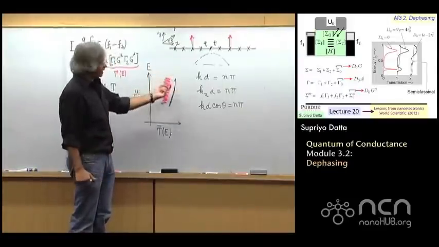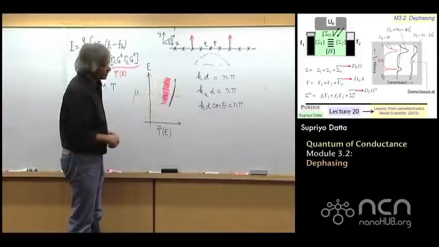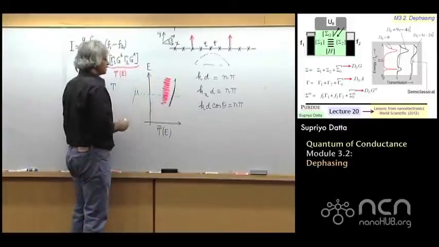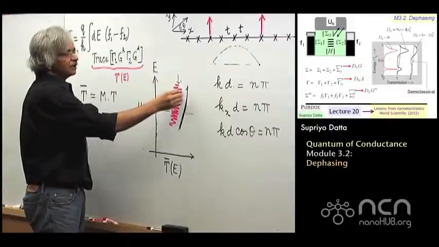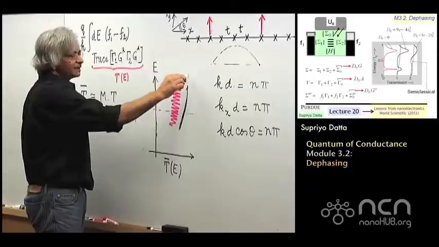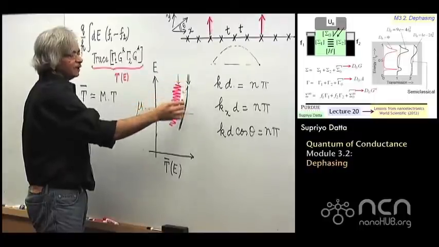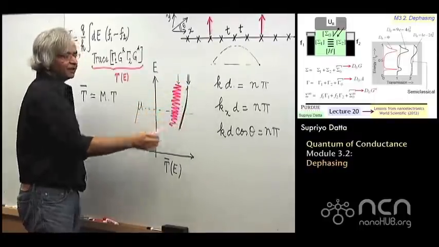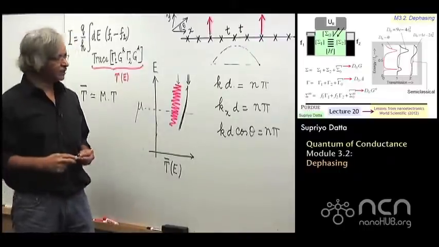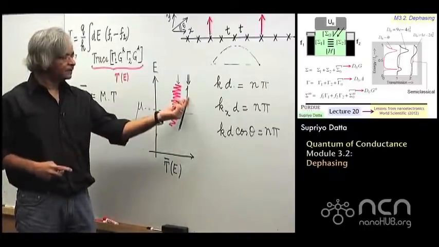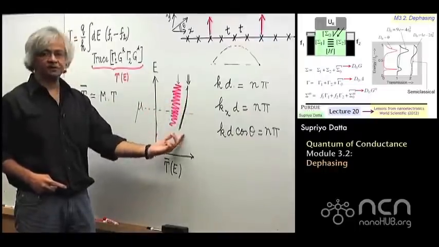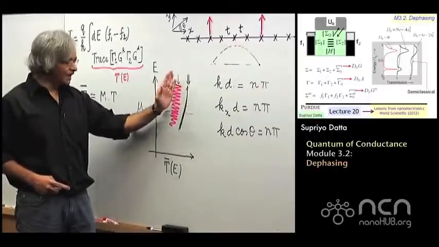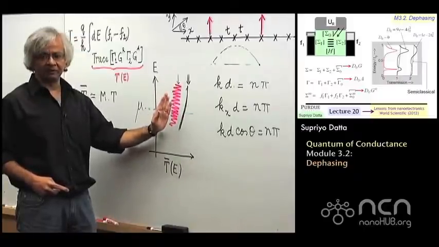Another interesting thing, which was understood even before the fluctuations were understood, is that the average quantum value is usually a little less than the semi-classical value. Namely, this black curve which you get, if you ignore interference completely, usually gives you a bigger conductance, bigger transmission, than the average you'd get by doing a quantum calculation.